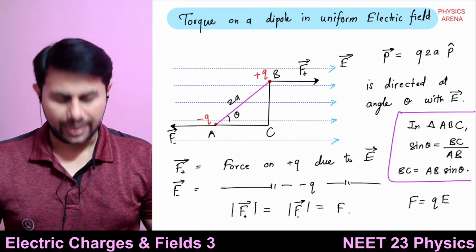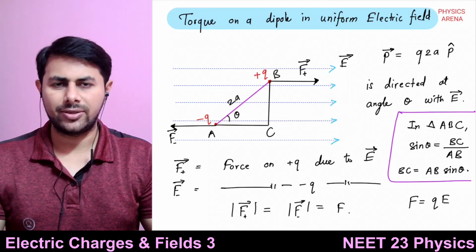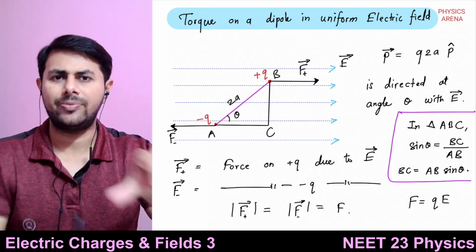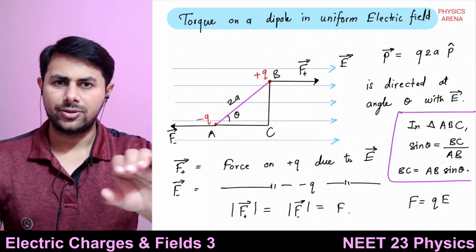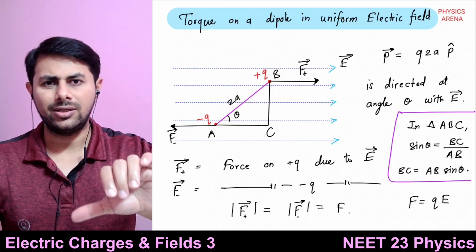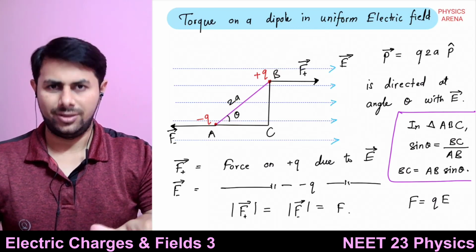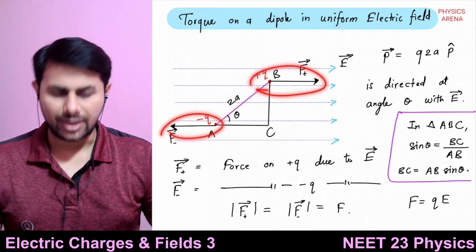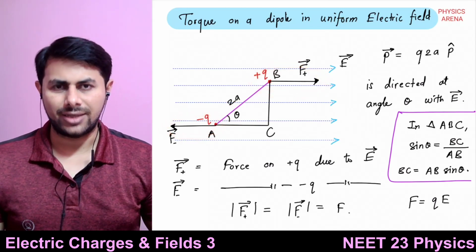And stretch your thumb. The stretched thumb will give you the direction of torque. But rotation will be given by your curled fingers. So now your fingers are moving in clockwise direction. And that's what these two forces are doing. They are rotating the body in clockwise direction.